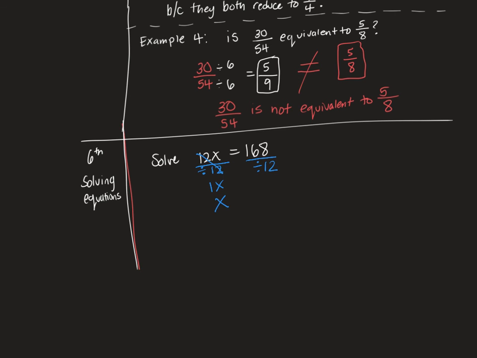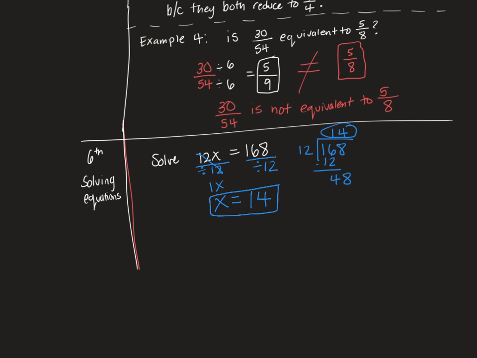So I'm going to write equals 168 divided by 12. I'm going to do it on the side. It looks like it's 14. So the mystery number is 14.